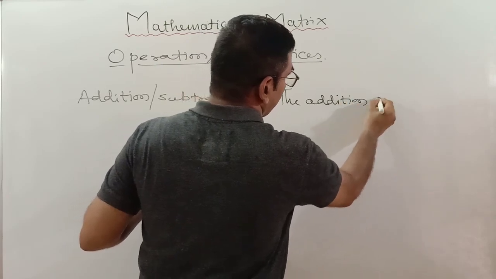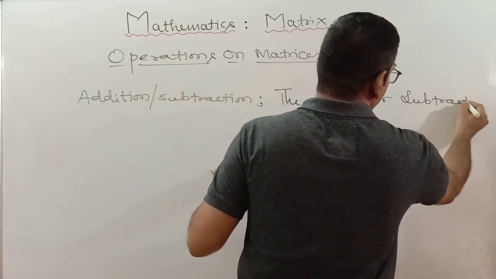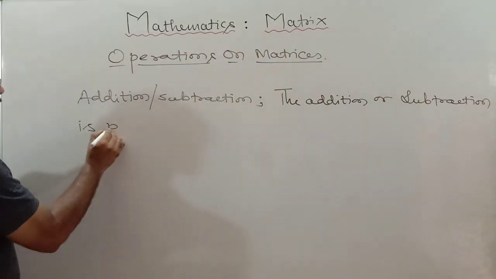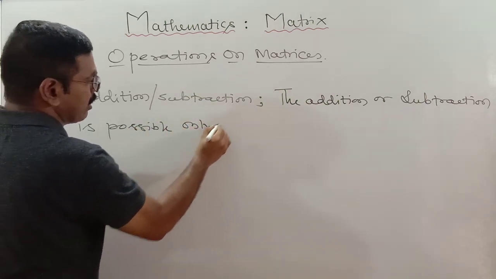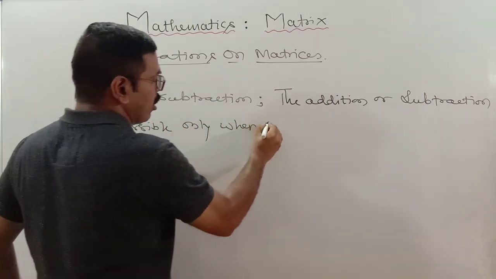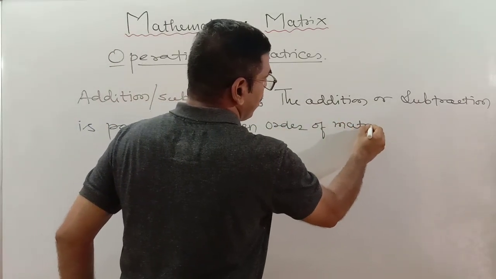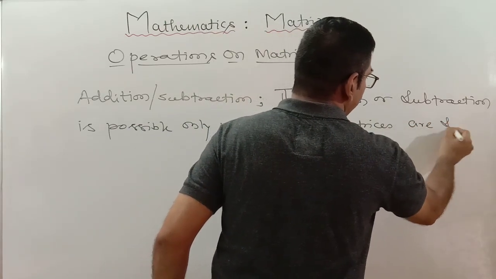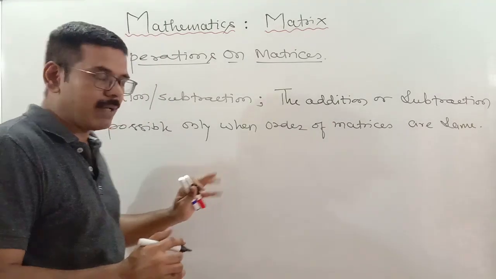See how addition or subtraction is possible only when the order of the matrices is the same.